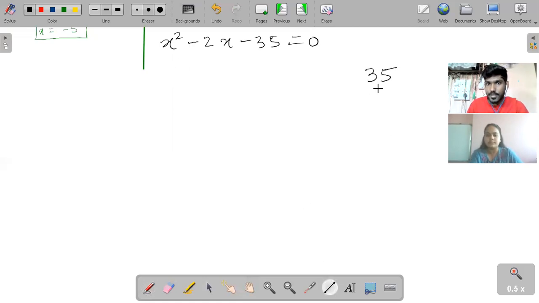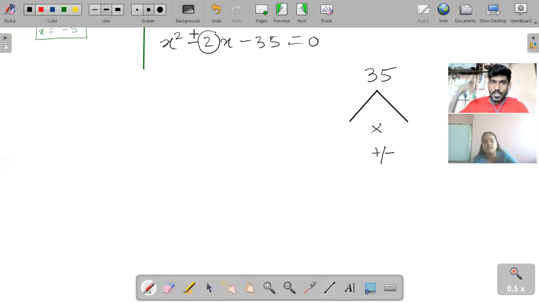Now 35, you have to split into 2 such numbers that after multiplying those numbers, you will get 35, and after adding or subtracting, you should get the middle term. What is the middle term here? It is 2x. So which 2 numbers should you take such that after multiplying them, you get 35, and after adding or subtracting, you get 2 or, to be more precise, minus 2.